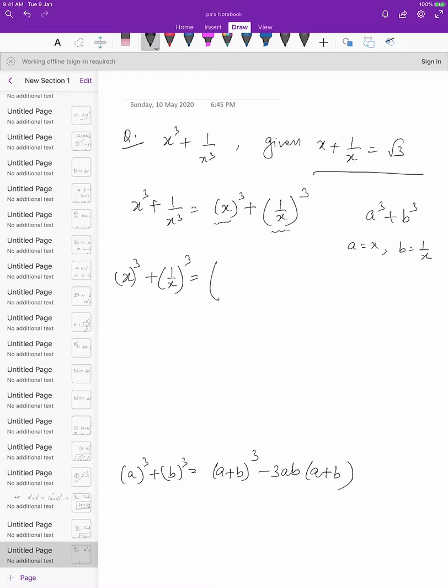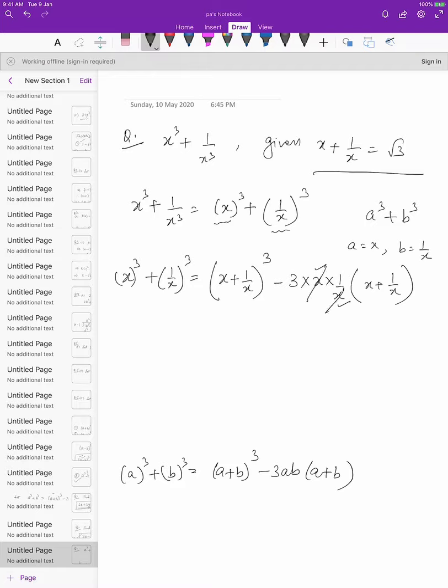So what will I get here? A plus b is x plus 1 by x whole cube minus 3 into a into b into a plus b. So did you observe something here? Here your a and b are reciprocals of each other, so at this stage they will cancel out.